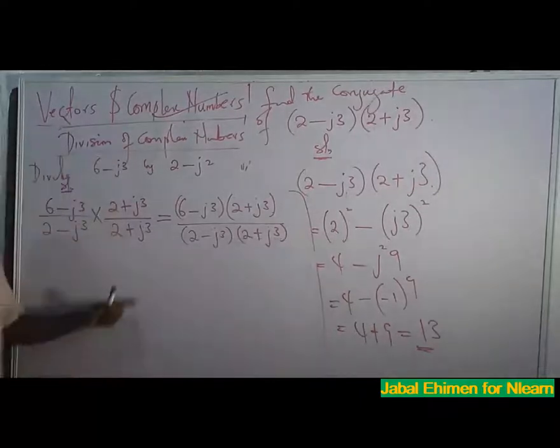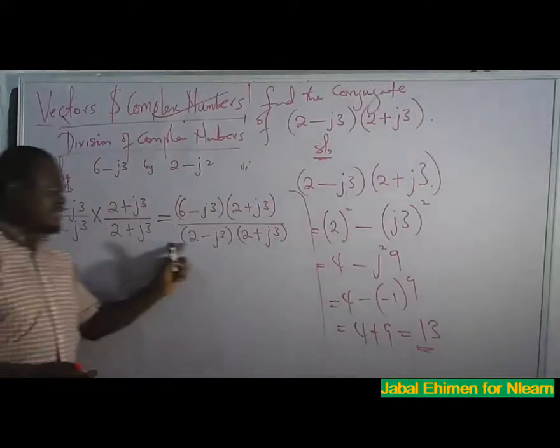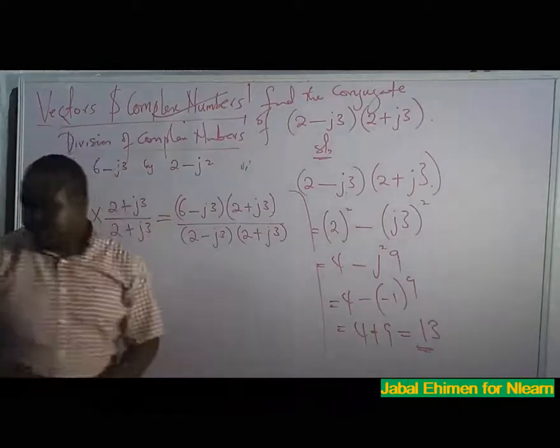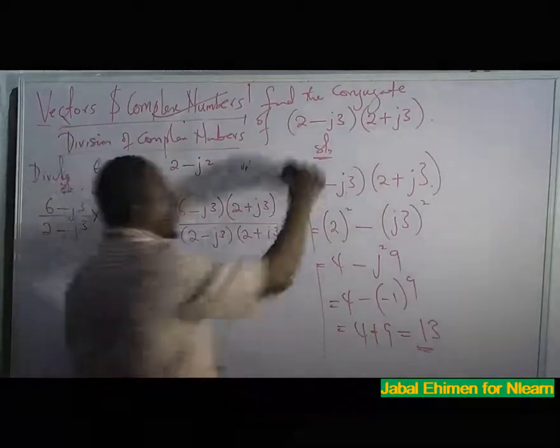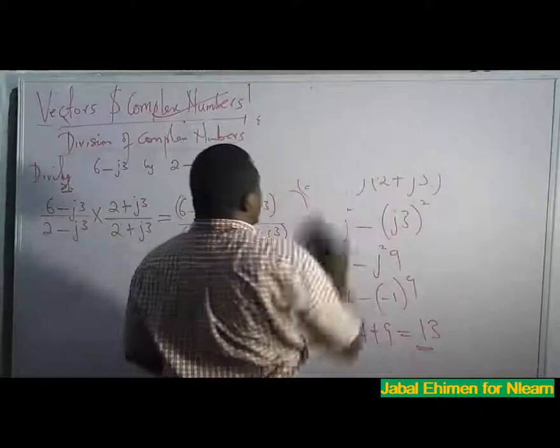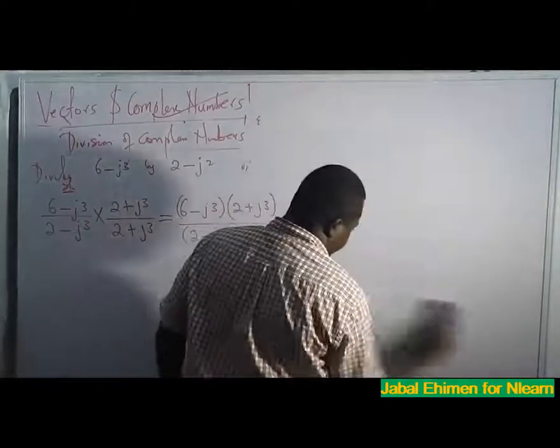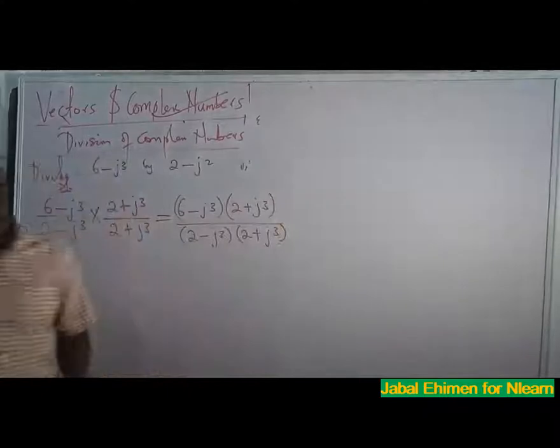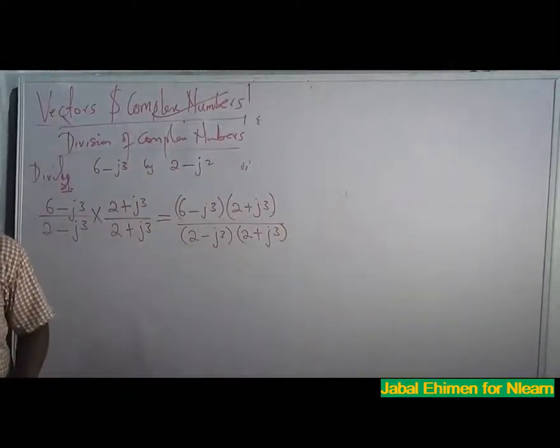Now you discover that you have a conjugate down here. Don't forget that. That is why your knowledge of conjugate is needed, because you need to apply it in polar and division.